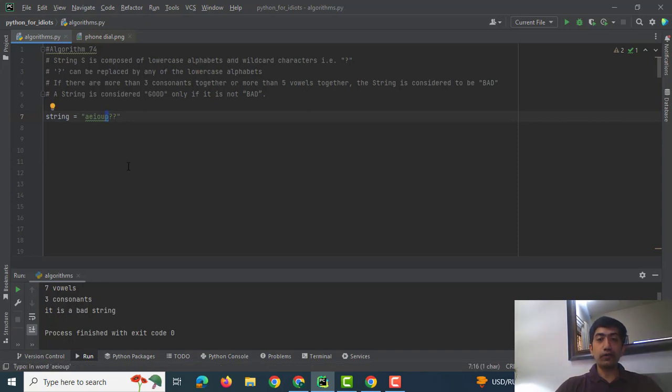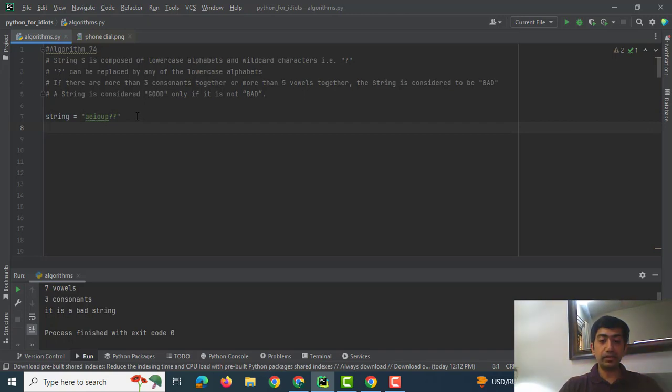So the toggle for vowels is switched off and the toggle for consonant is switched on. So now we have reached question marks. So since the toggle for consonant is switched on, the question mark would be dealt as consonants. So there are a total of 5 vowels together and 3 consonants together. So it would be dealt as a good string.